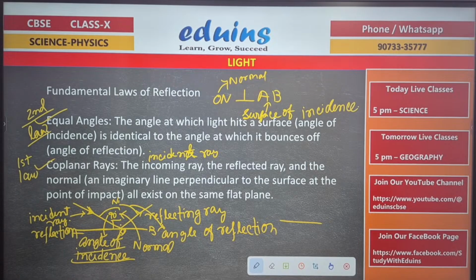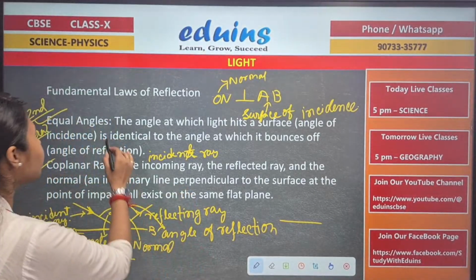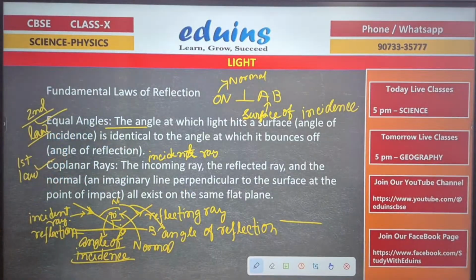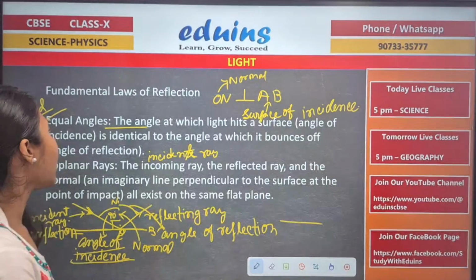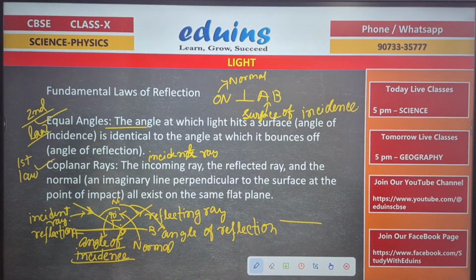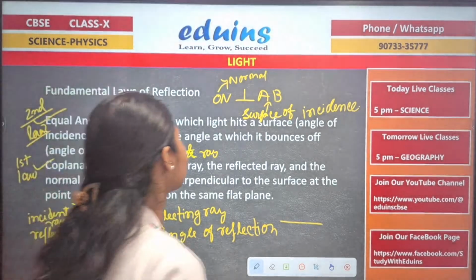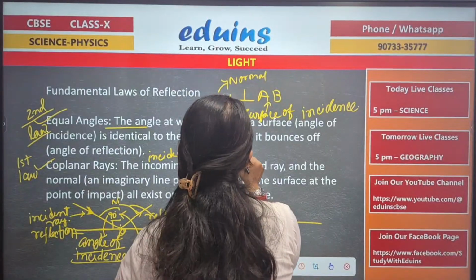And now the second law, the equal angle law. Which angles are equal here? First we have to read the statement. The angle at which light hits the surface is the definition of the angle of incidence. The angle of incidence and the angle of reflection are the same in magnitude.